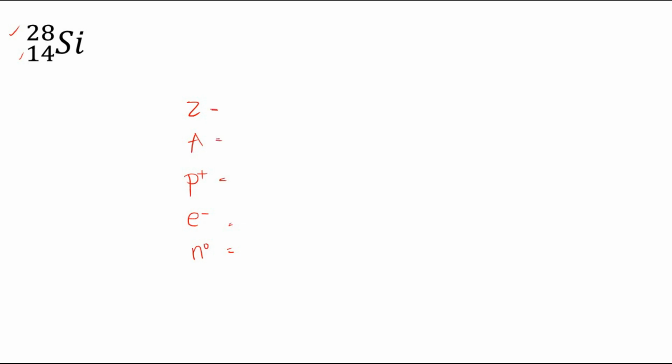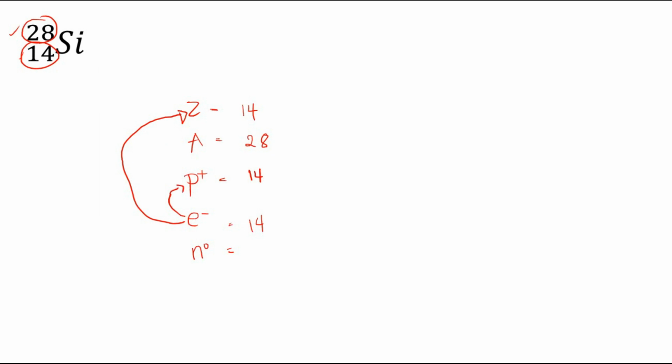For Z, you just have to copy 14 there because it's your atomic number, and above that is your mass number, so it's your A, 28. For your P plus, first you identify E negative. E negative is always the same as your atomic number, so your E negative is 14. And the number of electrons will always be equal to the number of protons, so this is also 14.